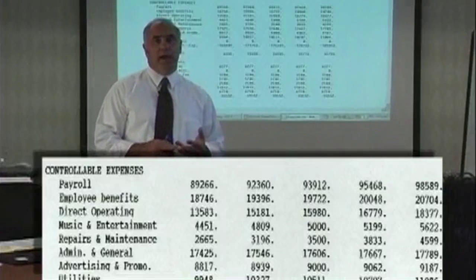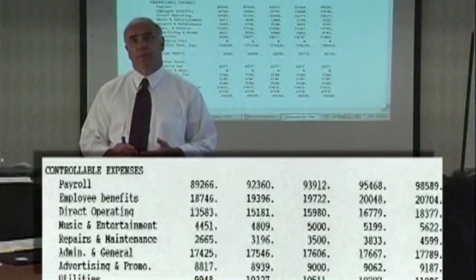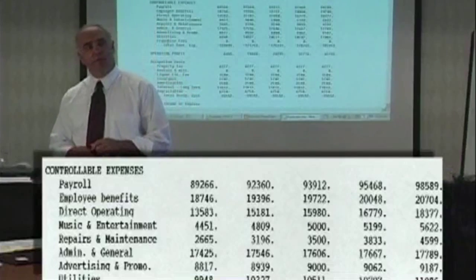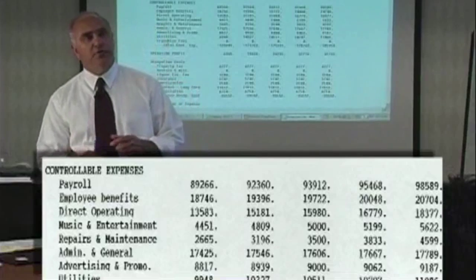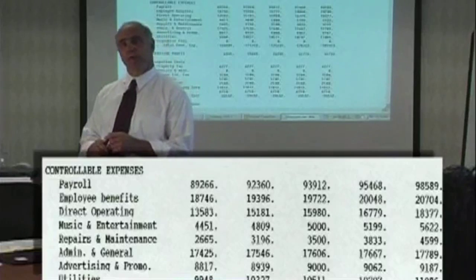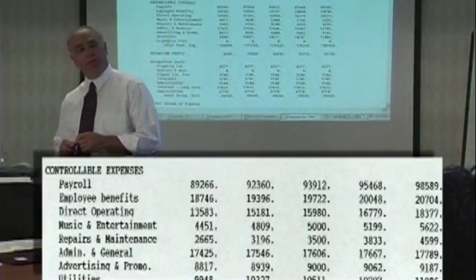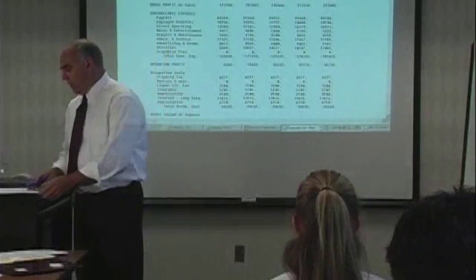State unemployment tax, workman's compensation, insurances, etc. Some expenses in employee benefits may, however, be discretionary on the part of management, such as attending an executive education program as a continuing education benefit from the organization, and that would be the appropriate account for that to be expensed in. But for now, we're going to move forward.